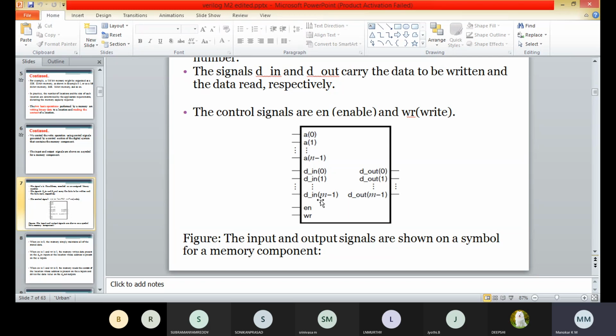Here the control signals are En, that is enable, and WR, that is write. When enable is 0, the memory simply maintains all of the stored data. When enable is 1 and WR is 1, the memory writes the data present on the D_in inputs at the location whose address is present on the A inputs.